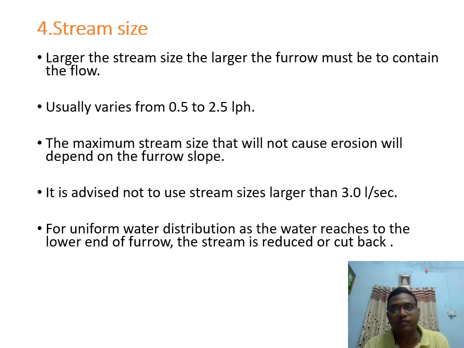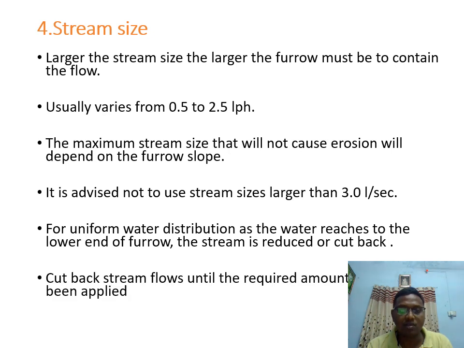Cutback means we cut the flow or allow the discharge to slow down so that the water reaches the tail of the furrow and gets uniform distribution. The cutback stream is allowed until the required amount of water has been applied, so that we get the required depth of irrigation from head to tail of the furrow.